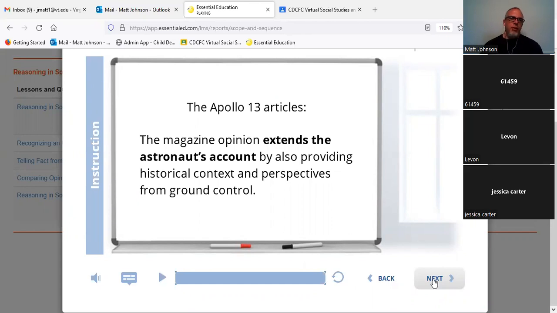And yeah, so if you're comparing and contrasting two articles or anything like that, it's either going to extend it, complement it, or contradict it, right?